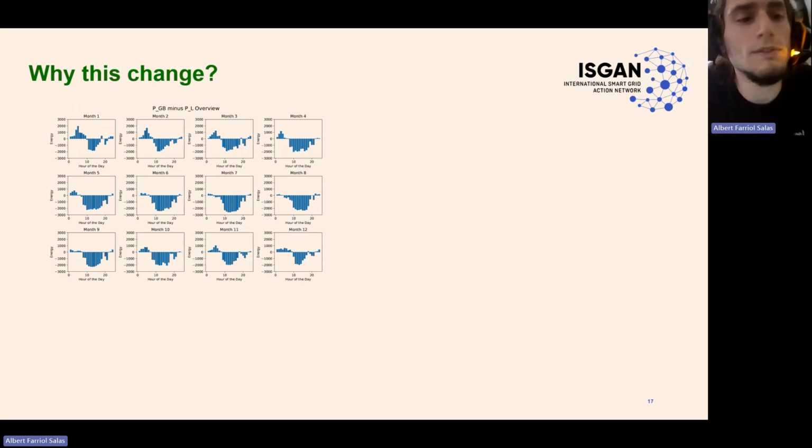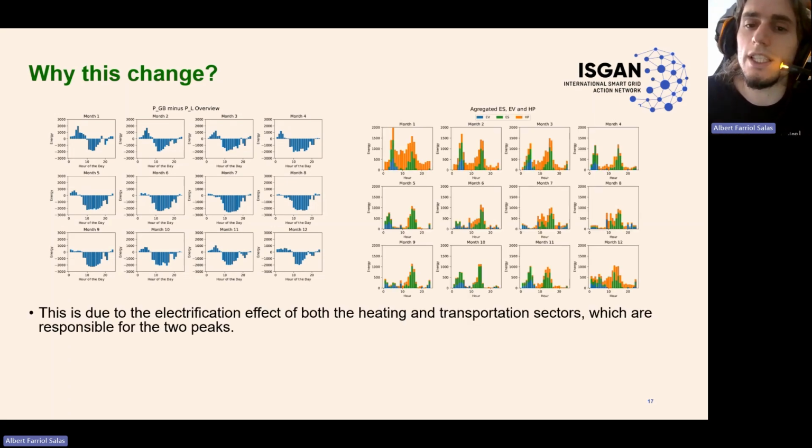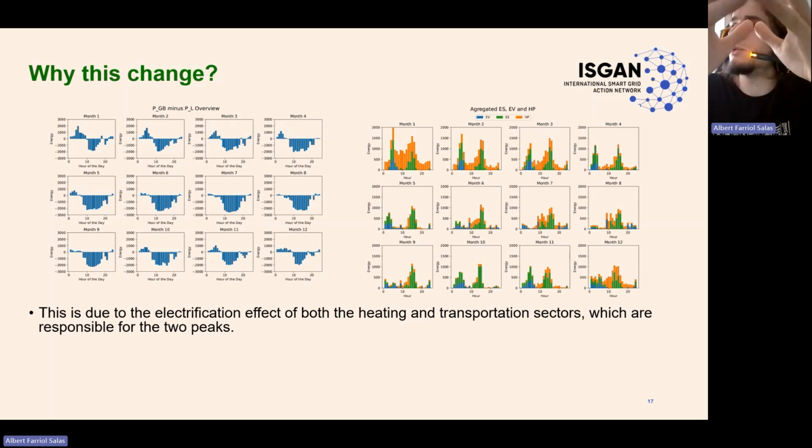So the next question is, why this change? In this graph, we can see the difference between the old one and the new one. Here you can see really well the valley that I was talking about in the past slide, and a little bit of the two peaks, how this changes. To answer this question, it is not 100%, but it's due to the electrification effect of both the heating and the transportation sector.